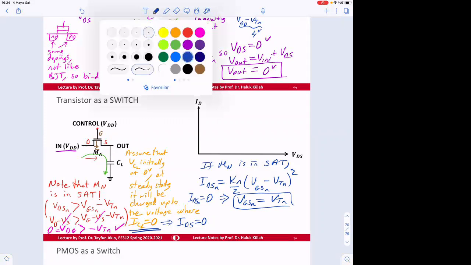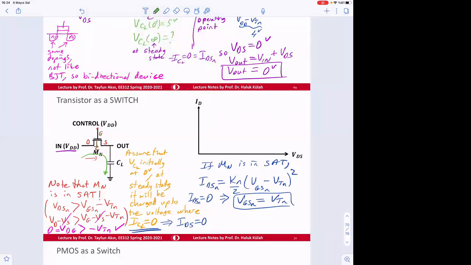Vtn. That's interesting. So V gate minus V source is equal to Vtn. What is V gate? VDD. What is V source? V out. So what is V out?